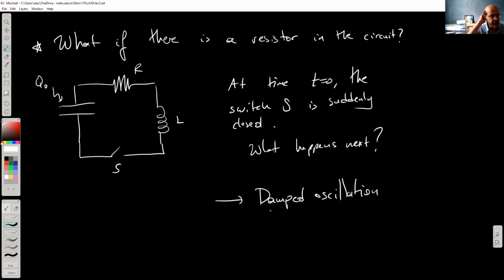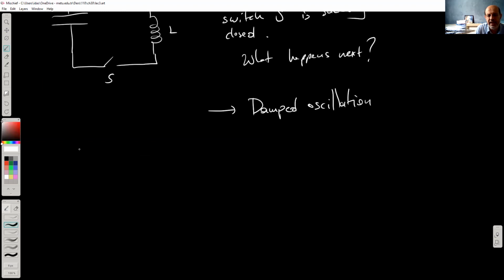There are situations where, whether this damping is weak or not, whether this resistance value is a small value or not. If it is small, it's just a weak damping, in which case you basically see some kind of a decrease in the amplitude of the oscillations, right? I'm just going to do it like that.